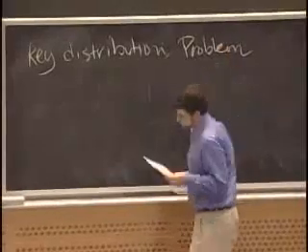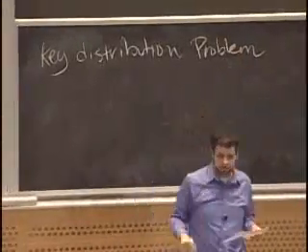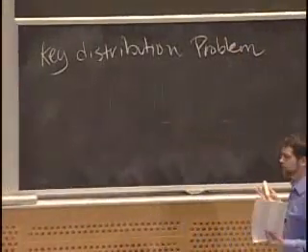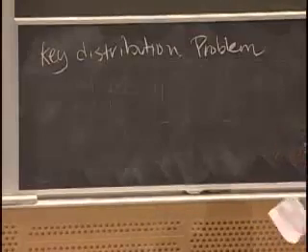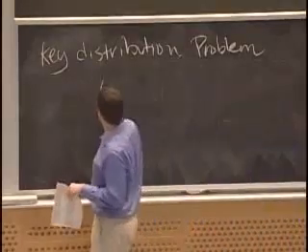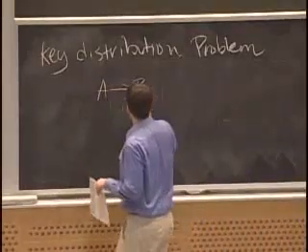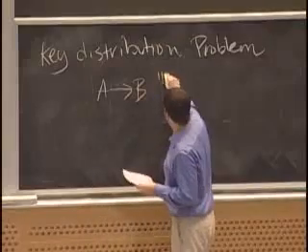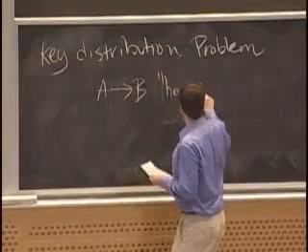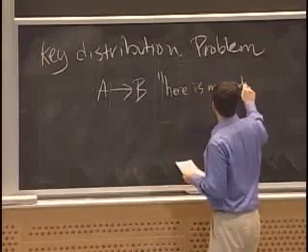Okay, so if Alice can't physically meet with, say, Bob, one thing you might imagine doing is having Alice send a message to Bob saying, here is my public key.